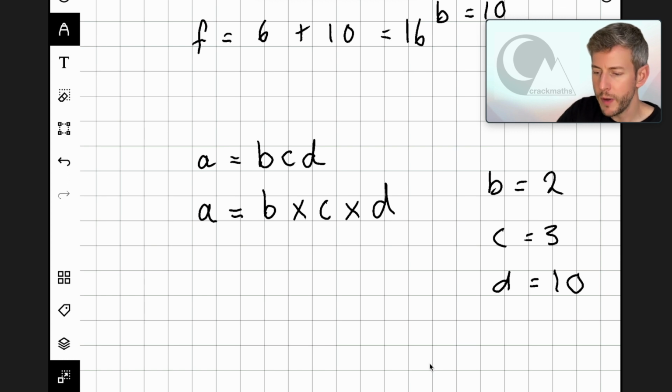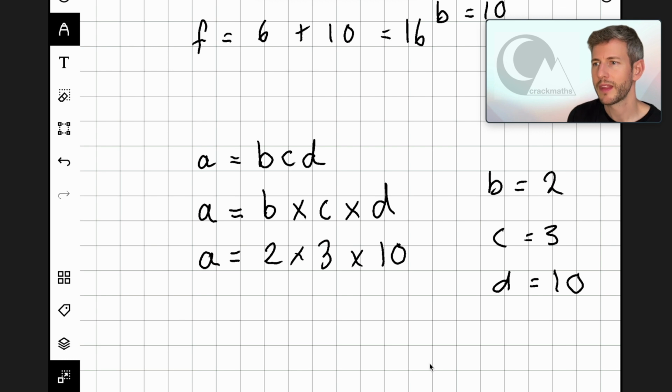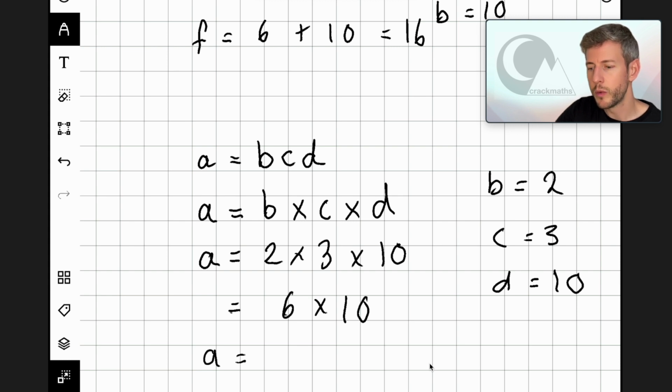So if we use our formula, A equals 2 for the B, C is 3, so we replace that with a 3, D is 10, so I replace that with a 10. So here we go, we've got A equals 2 times 3 times 10, 2 times 3 is 6, so 6 times 10, so A equals 60.